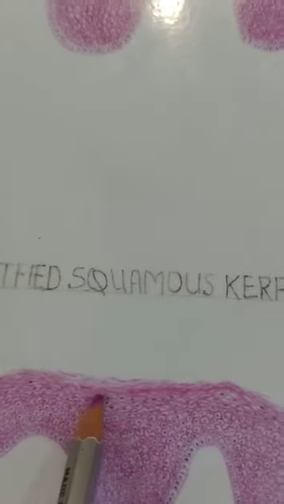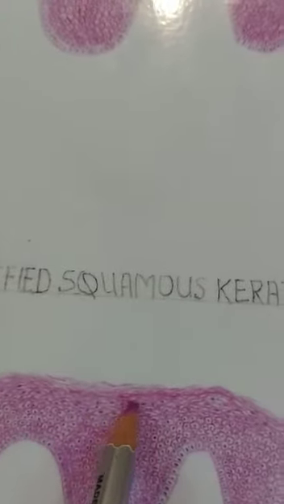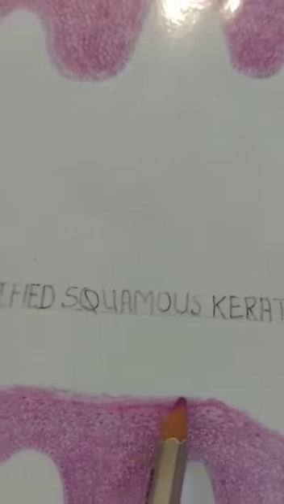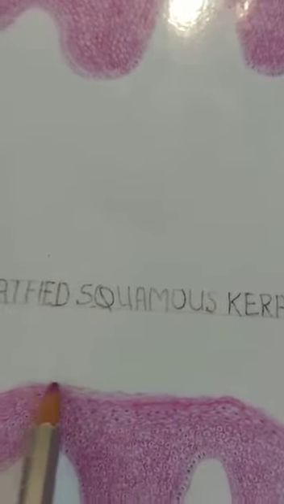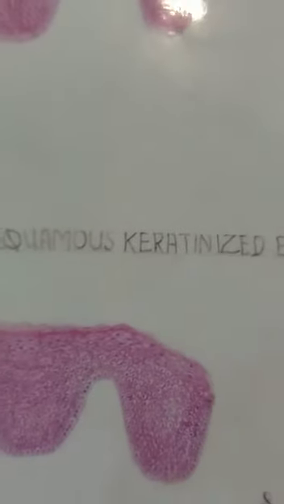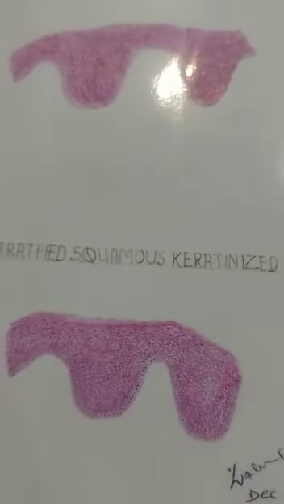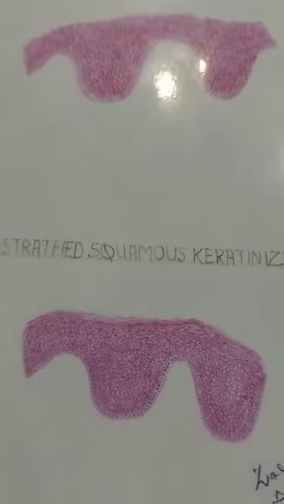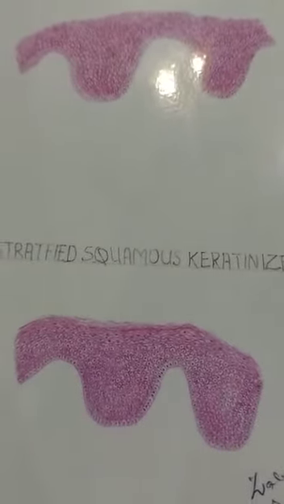So the superficial layer of the flattened cell is without nuclei, and then we have a layer of keratin on these flattened cells. So this is the stratified squamous keratinized epithelium. The typical example of the stratified squamous keratinized epithelium is the epidermis of the skin.